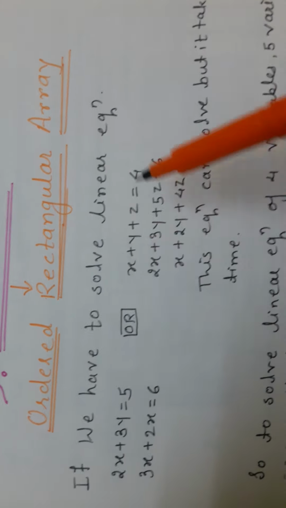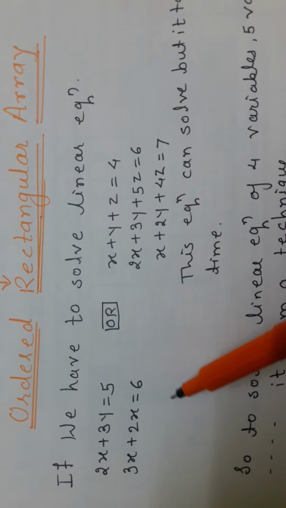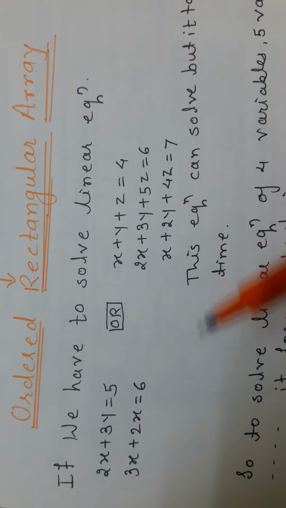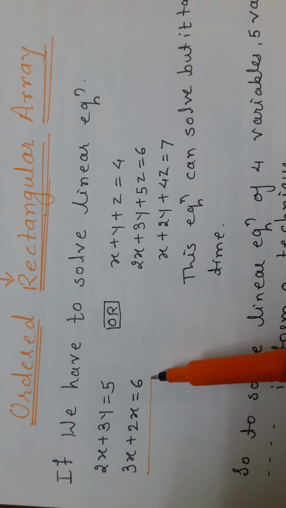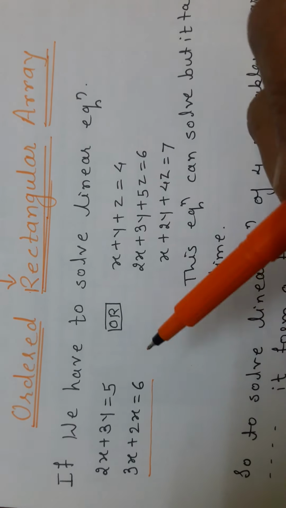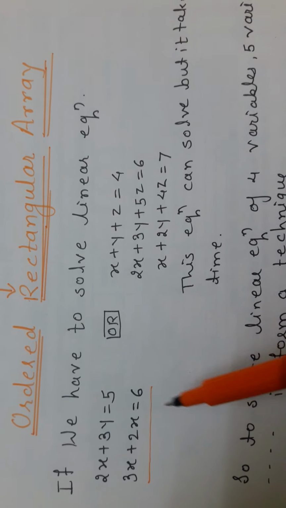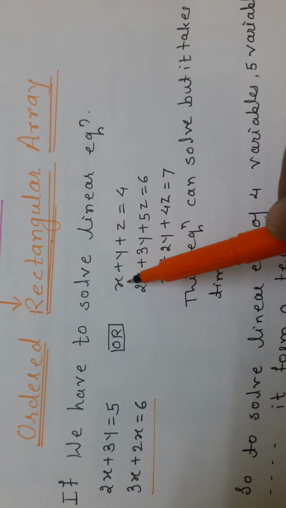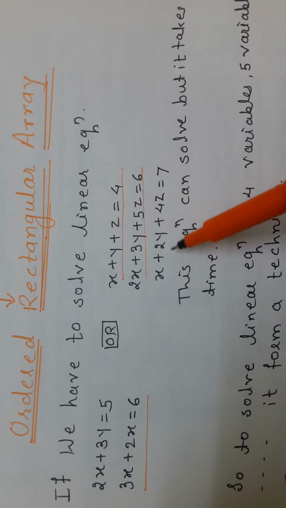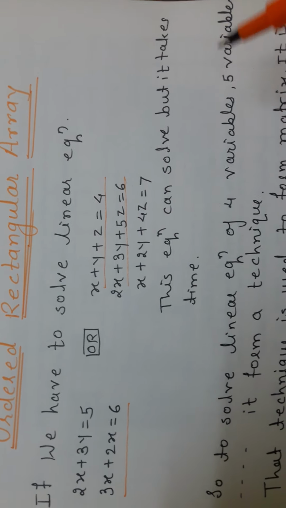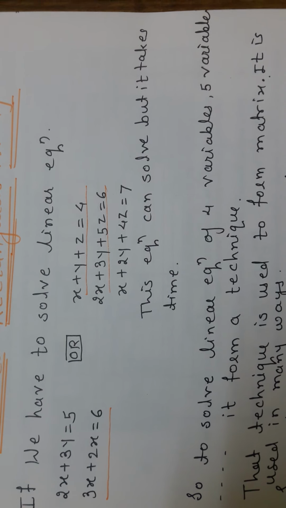If we have to solve linear equations in 2 variables, 3 variables, 4 variables, then for 2 variables we have learned different methods in standard 10th. But if we have to solve linear equations in 3 variables, it can be solved, but it takes time.